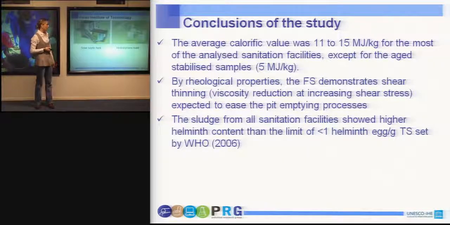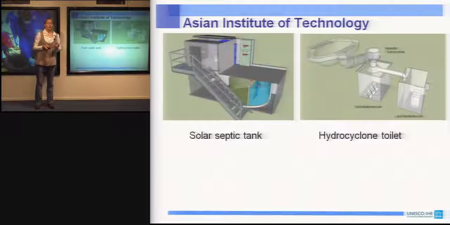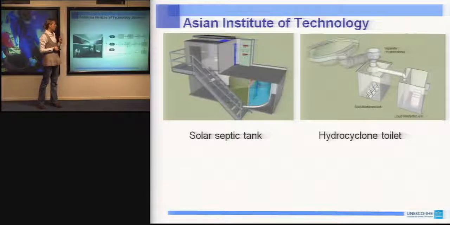Just to give an example, the different organizations we have been collaborating with. This is just a small list of them, to show you what this study helped with or how we collaborated to support them in developing different technologies. That's the Asian Institute of Technology with their solid septic tank and hydrocyclone toilet.